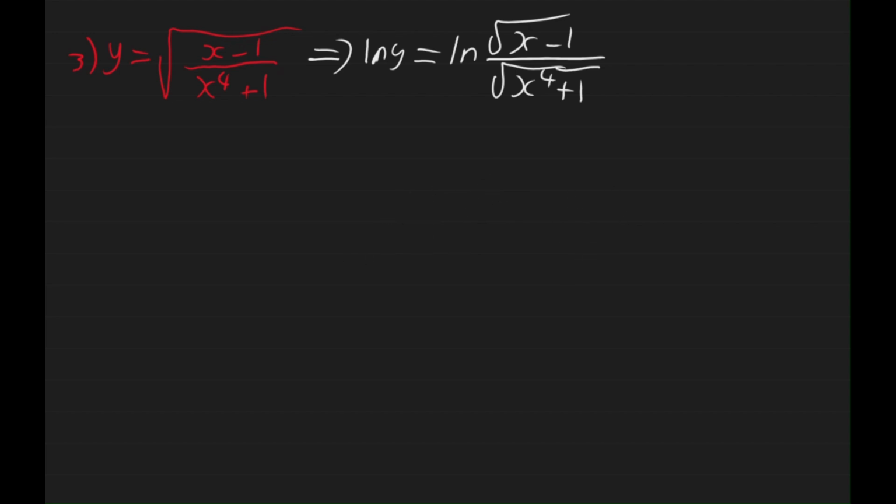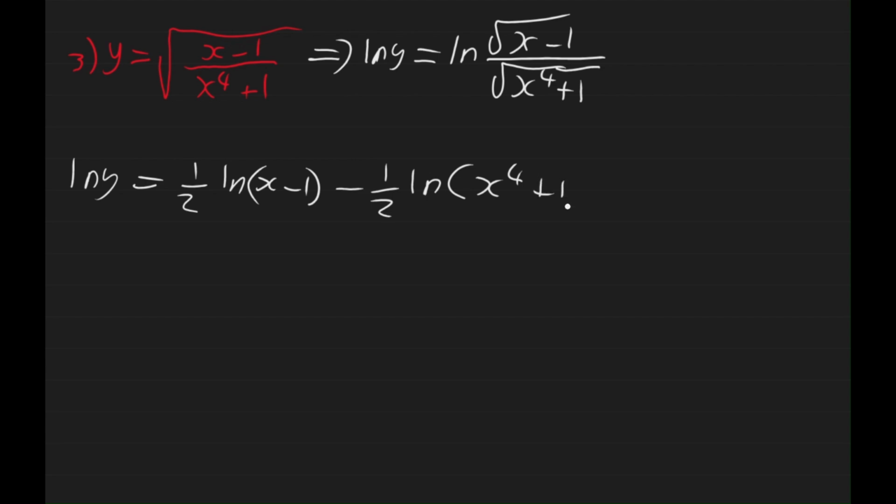And this is division inside the ln. So we can say that ln y is equal to half ln x minus 1, and it's a division, so you can say minus half ln x power 4 plus 1.